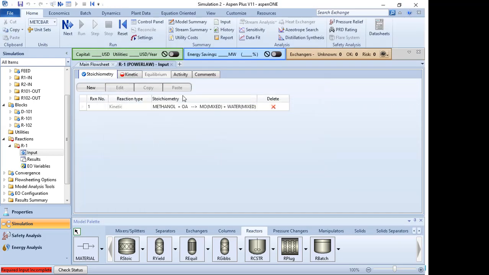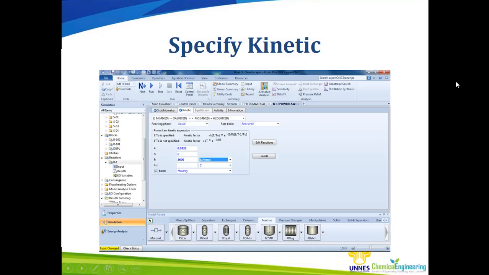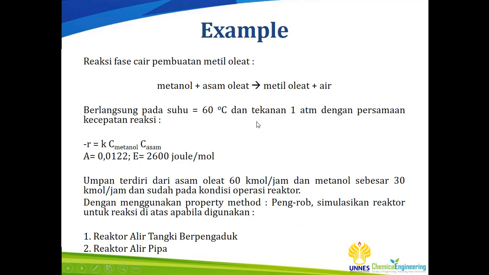Let's close it. Once you enter a reaction, the kinetic factor will appear here. You have to fill in any information related to the kinetic rate of the reaction. Go back to this one.